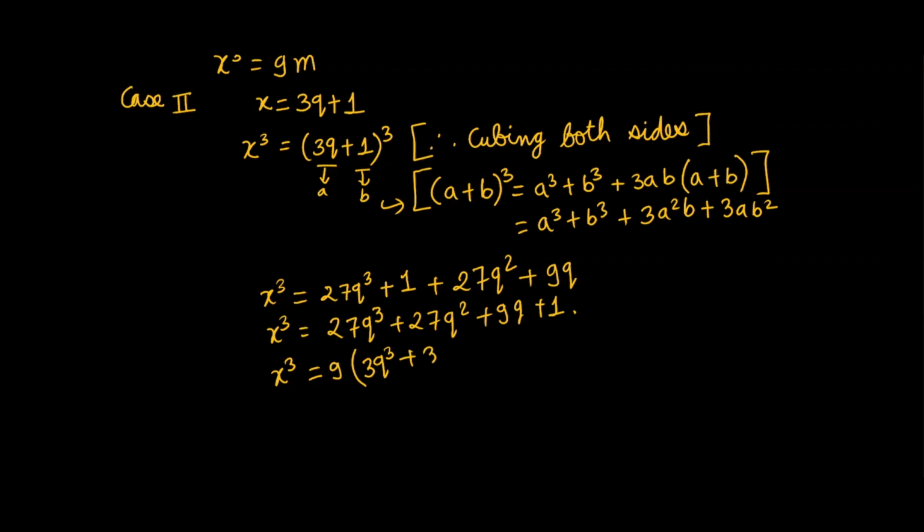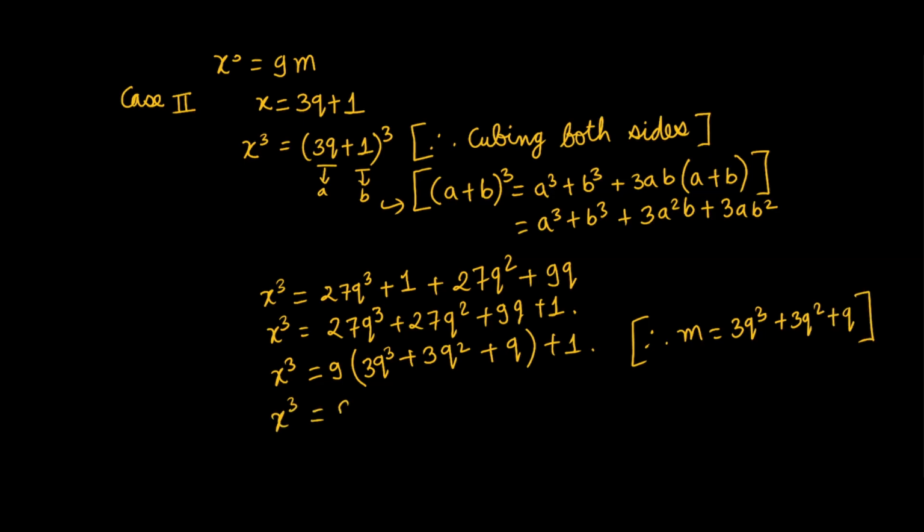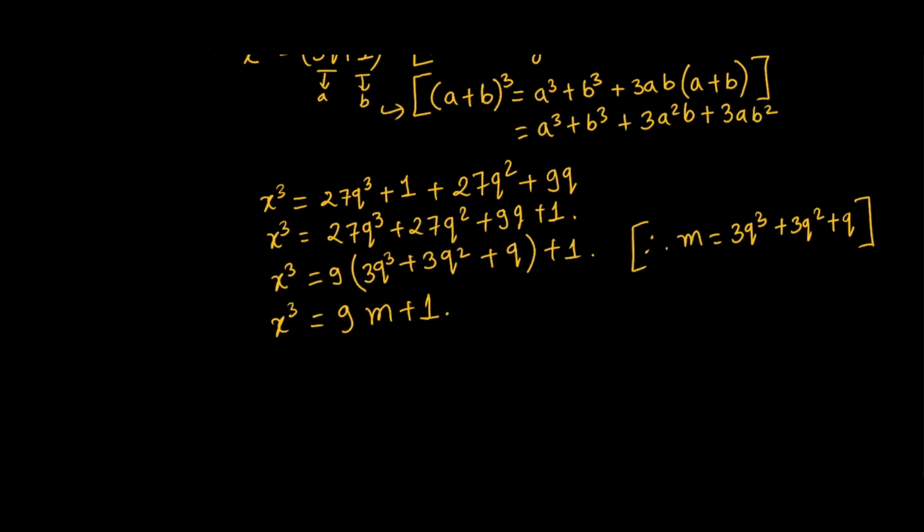So 9 3s are 27, q cube plus q square plus q plus 1. So we take m equal to 3q cube plus 3q square plus q. So we get x cube is equal to 9m plus 1. So we are done with case 2.